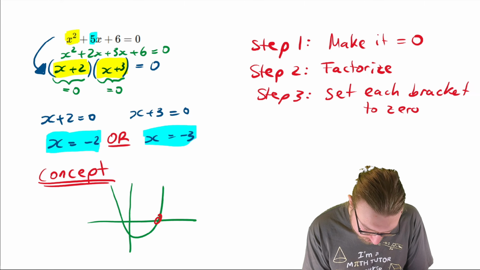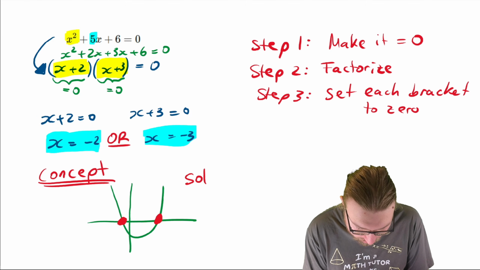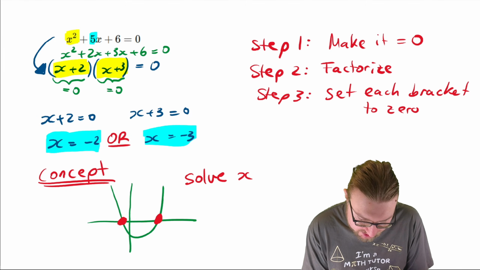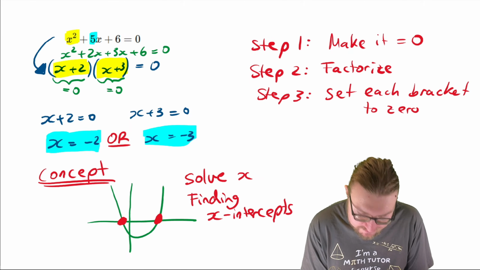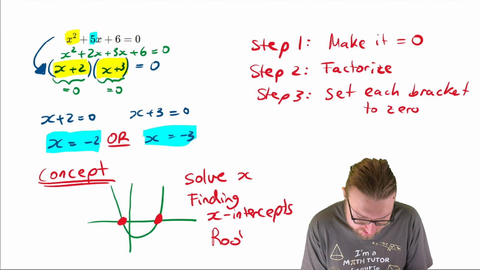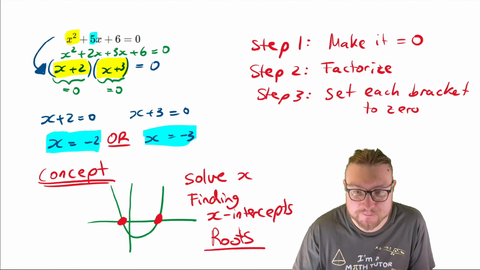So we're looking at points where y is 0 and we have our equation at the same time. So when we say we solve for x, that actually means we are finding the x-intercepts. And most of the time we call them roots. So you guys are required to know what roots means.